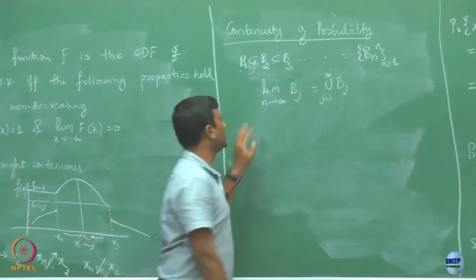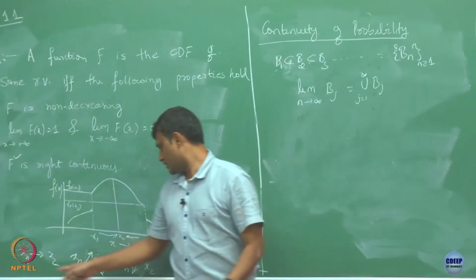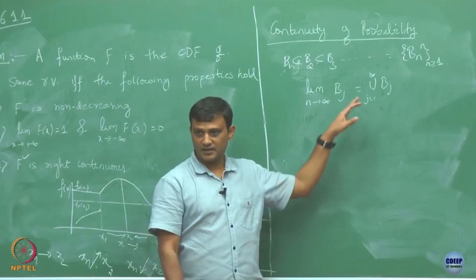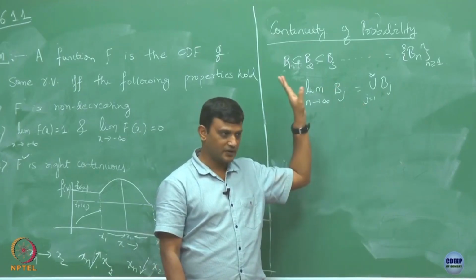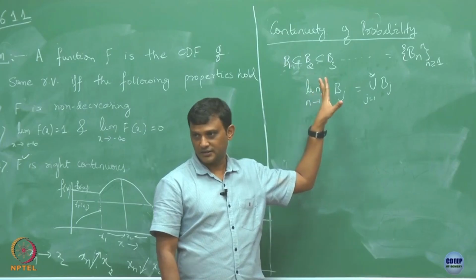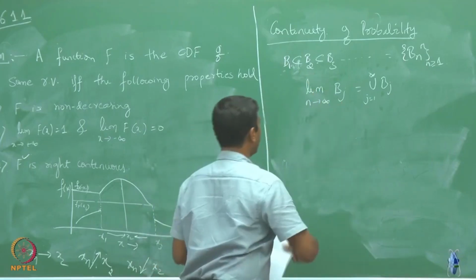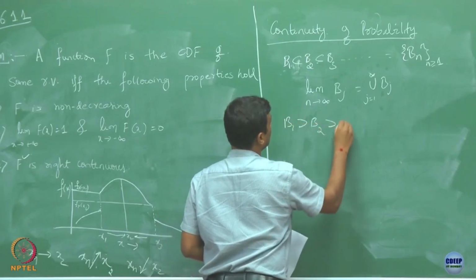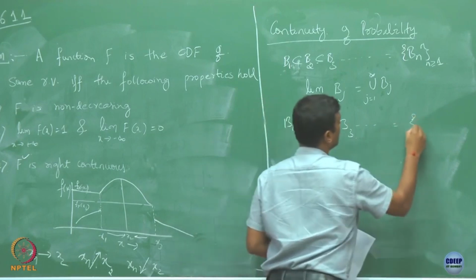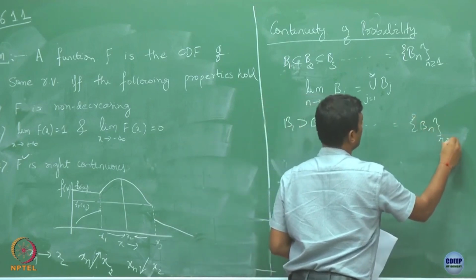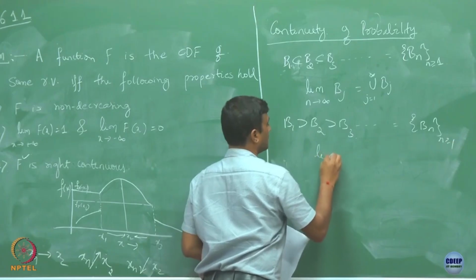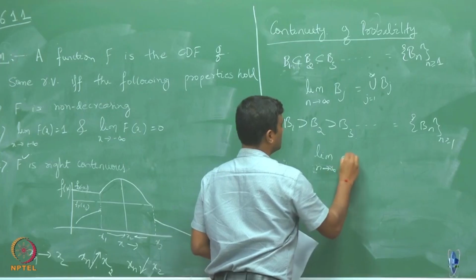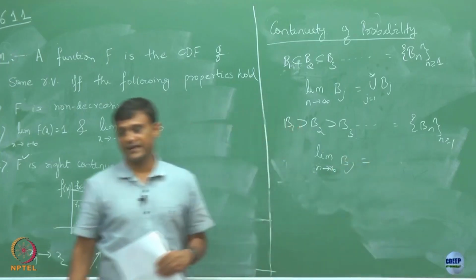Now we have an equivalent notion of xn converging to a point, but on sets. Similarly, if we have a decreasing sequence B1 containing B2 and so on, how would you like the limit to be defined?